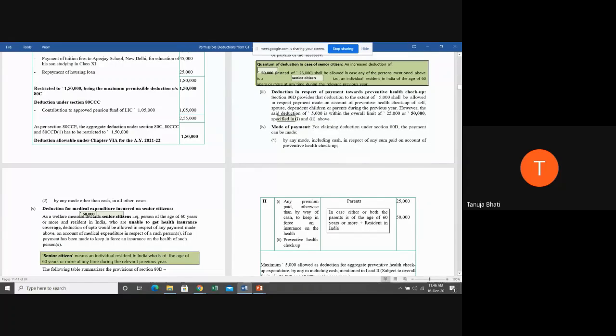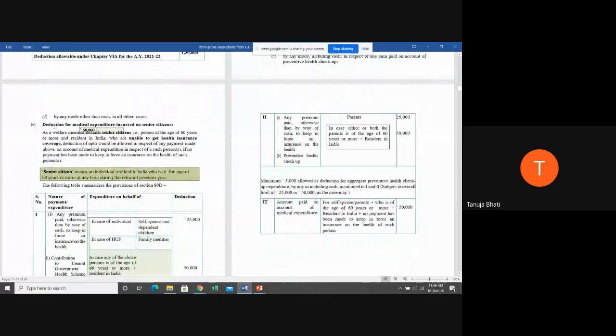So let us see the fifth part in this section, that is 80D: deduction for medical expenditure incurred on senior citizens. Students, remember, suppose the assessee has not taken a health insurance for his parents.